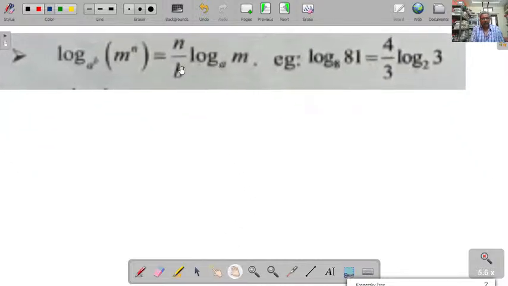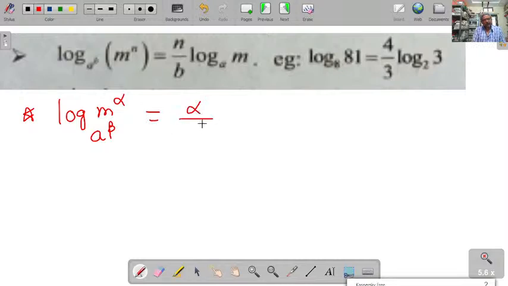See, my dear students, logarithm of m to the power of alpha to the base a to the power of beta. So how to solve such type of questions? Based on this formula, we can write alpha by beta log m to the base a.